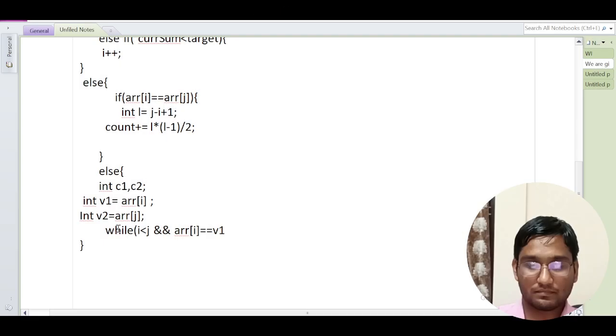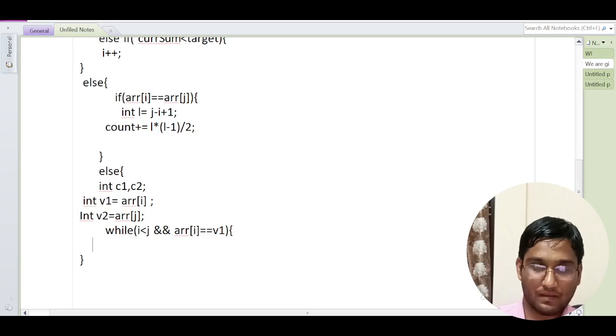So in order to calculate the frequency of array of I, I need to apply a while loop here in such a way that array of I will be equal to V1. If this is so, then C1 plus plus and I plus plus.